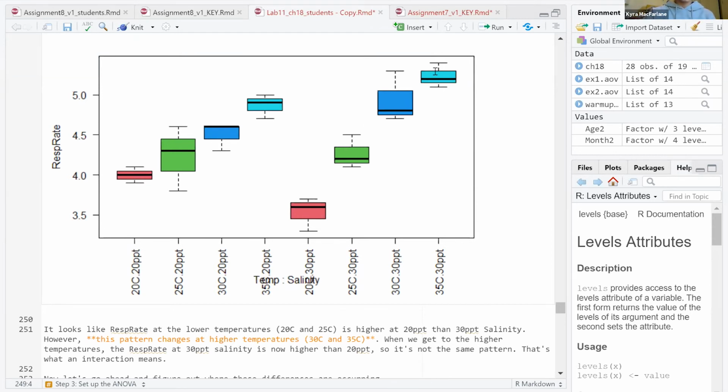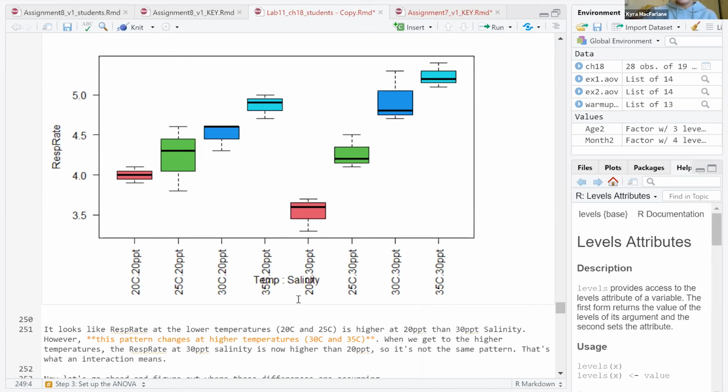When we look at color, though, when we look at how temperature changes with that, we start to see some differences. We now see that it increases kind of slowly, I guess, and is a bit more at this median range when we're at 20 parts per thousand. It's a lot more stable. Respiration rate doesn't change as much.